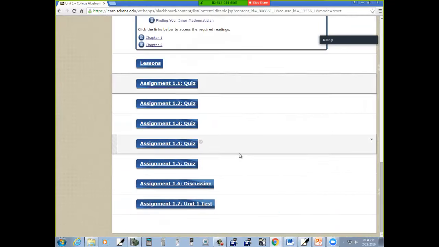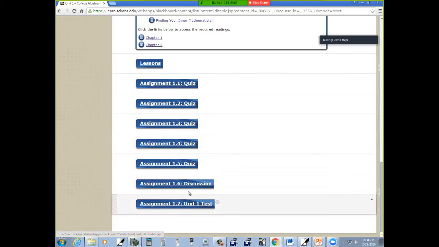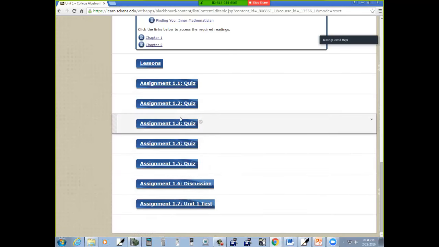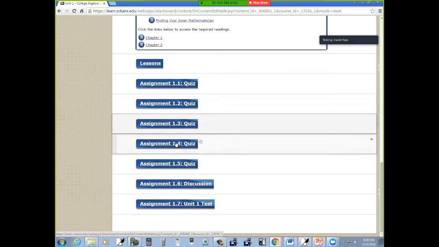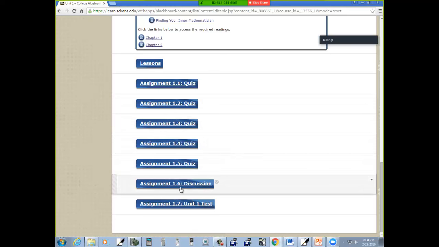For example, in this first unit, which corresponds to the first week, you see we have a total of 7 items. In a perfect world, and I know that's not always true because I work full-time too, so I understand that, you do one of these each day of the week. Now the discussion is actually due by Thursday, so you need to post your initial discussion on that.